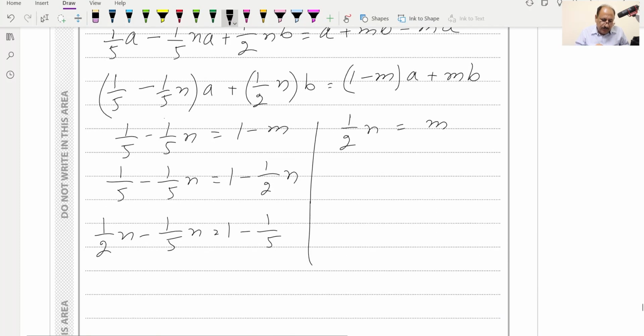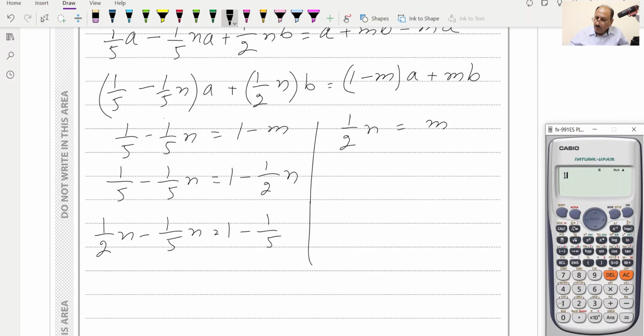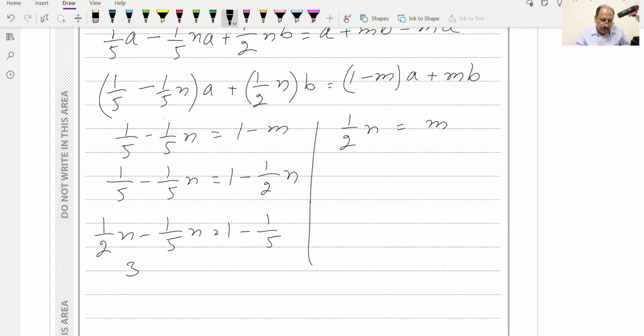This will be 1 over 2 minus 1 over 5, and this is equal to 3 by 10. So 3 by 10 n is equal to 1 minus 1 by 5, which is 4 by 5. So n is equal to 4 over 5 into 10 over 3. So 3 twos are 5 twos are 10, and this will be 8 over 3.